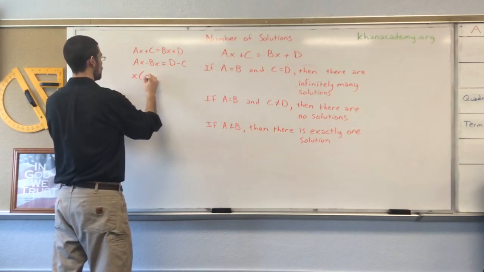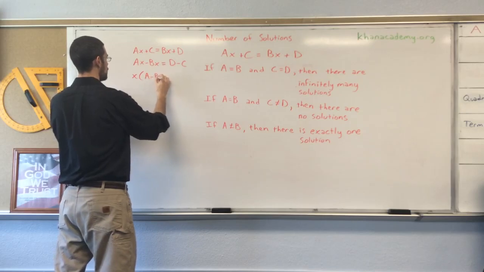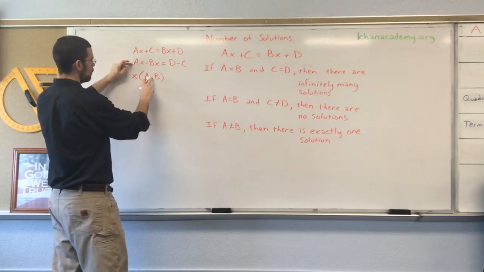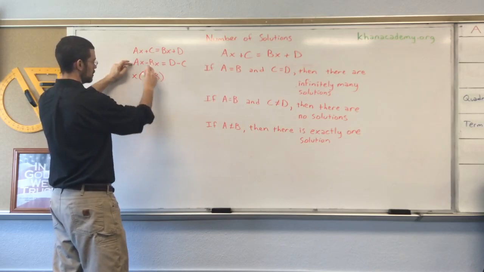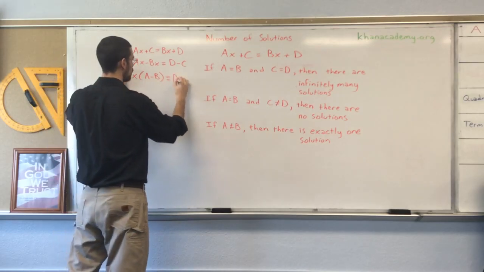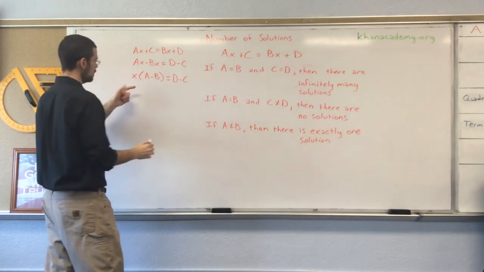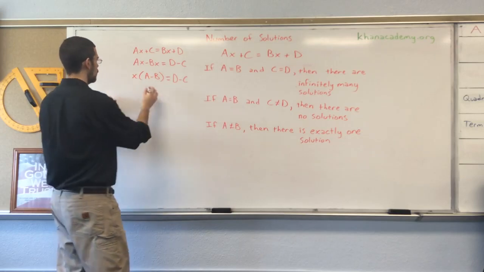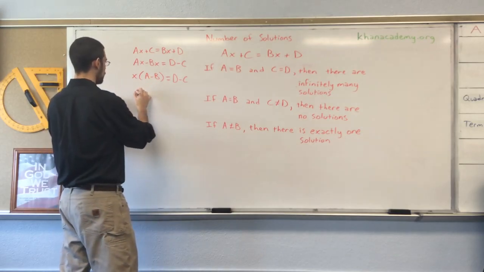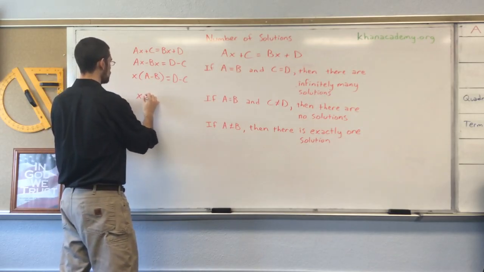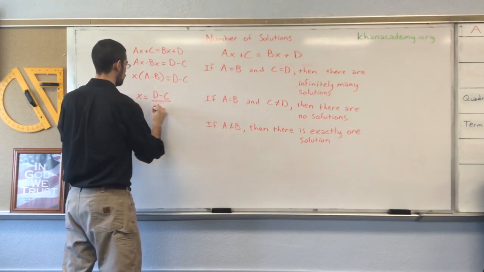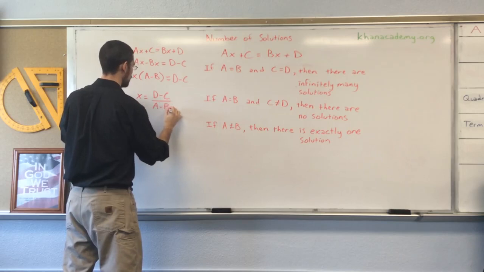So x times A minus B, that's A times x, minus B times x, okay? And then that's still equal to D minus C. If I want x alone, I need to undo the multiplication here, so I can divide by A minus B. That'll give me x equals D minus C over A minus B.